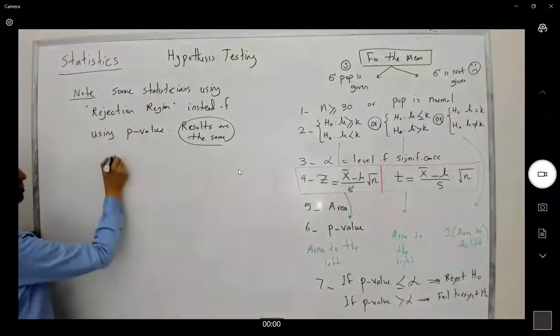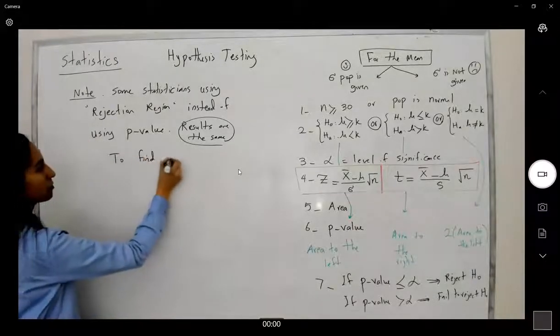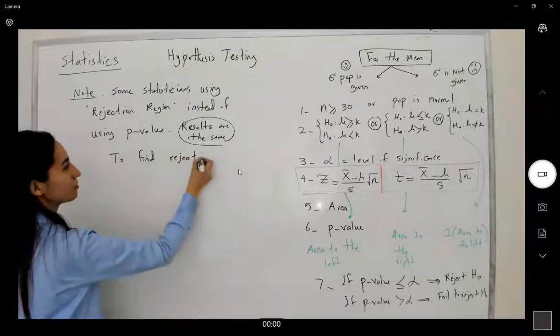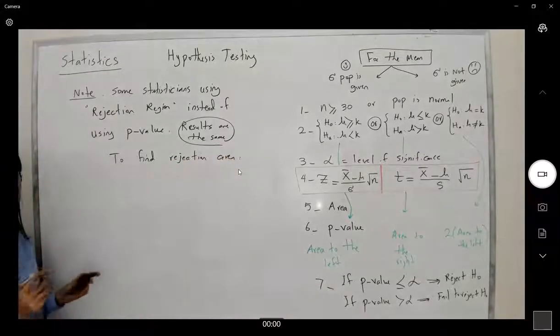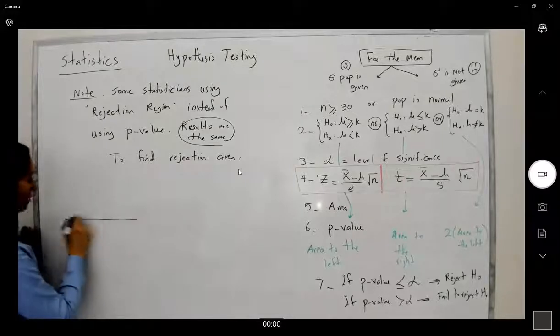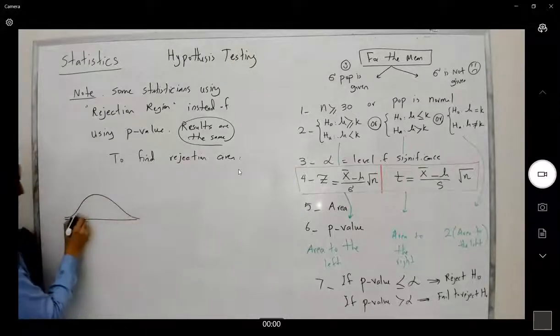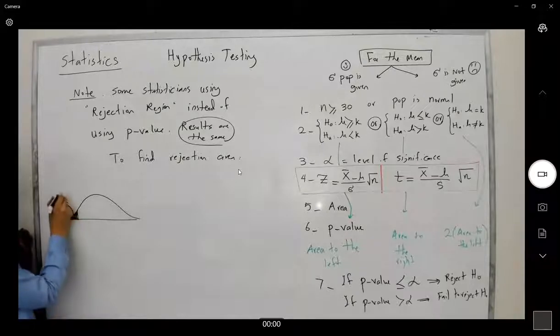So to find rejection area or rejection region, we have three different cases. Remember that. You either have a left-hand graph, your alpha is given. Remember that this area is alpha.